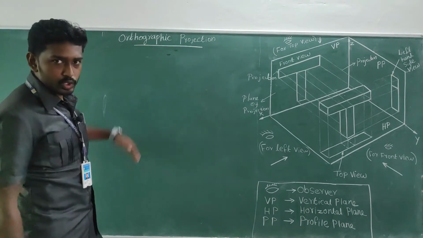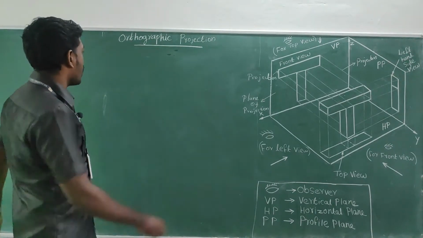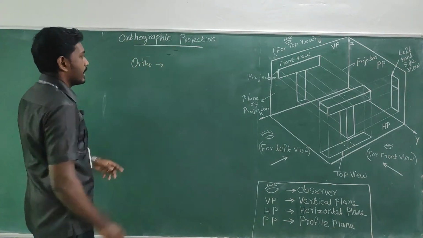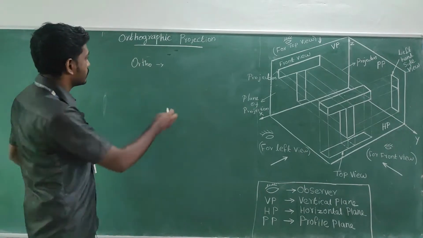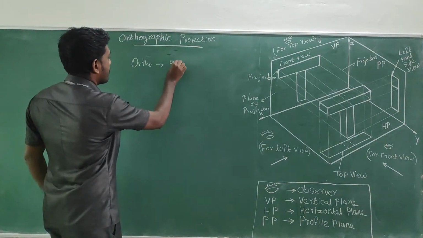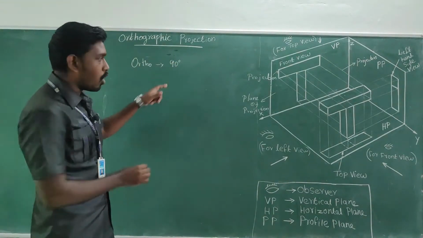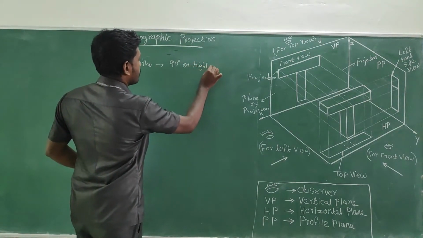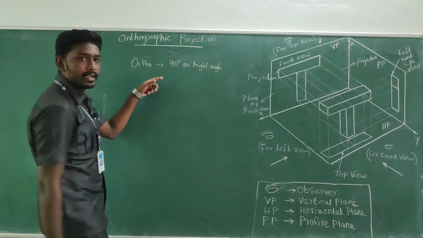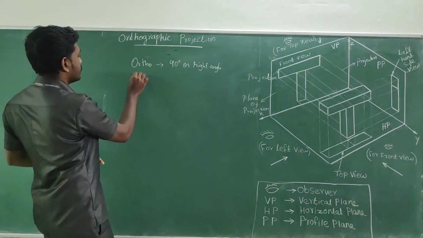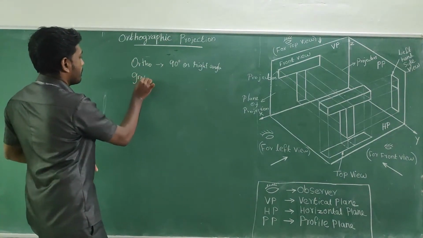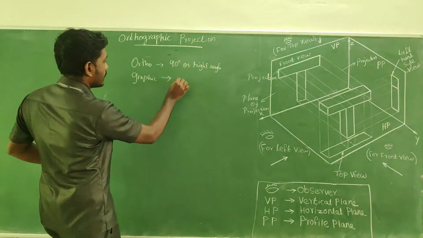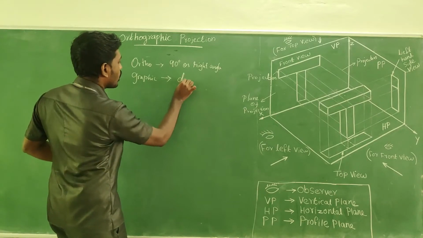So orthographic projection, the name itself is saying: ortho is nothing but 90 degree or right angle, and graphic is meaning the drawing.